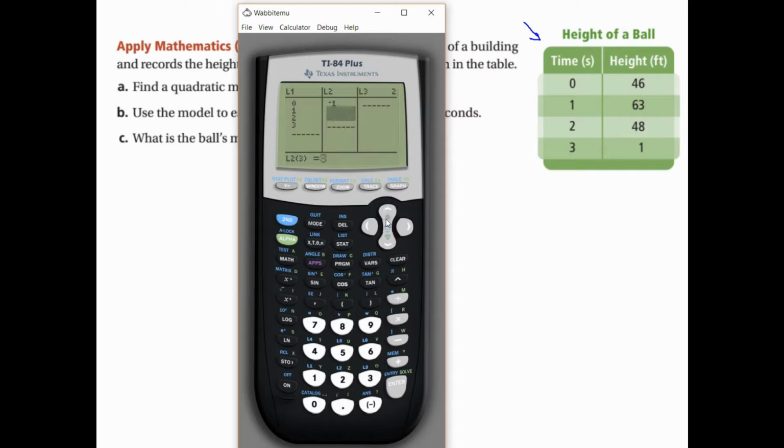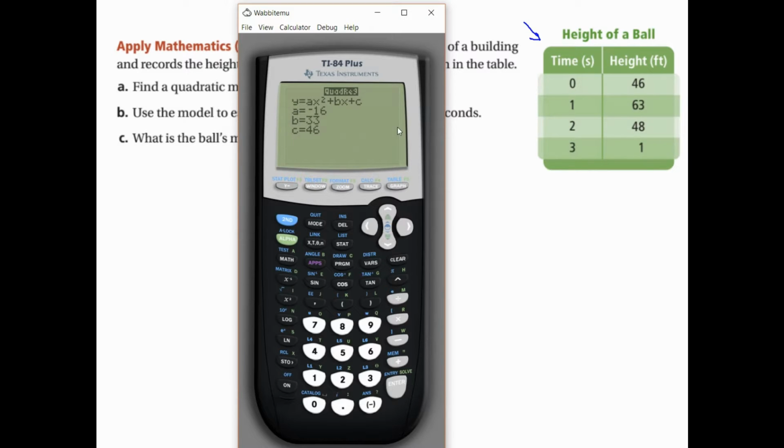And then over here on the right, 46, 63, 48, and 1. Okay. So go back here to stat, calc, quadratic regression, number 5, all the way down to the bottom, and calculate for me, calculator.